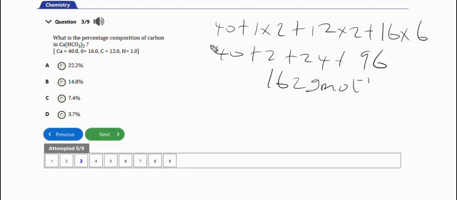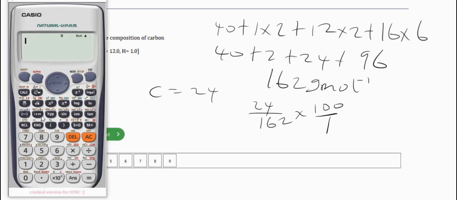The molar mass of carbon alone here is 24. So the percent composition of carbon will be 24 over 162 times 100 over 1. Let's punch this in the calculator: 24 over 162, times 100.